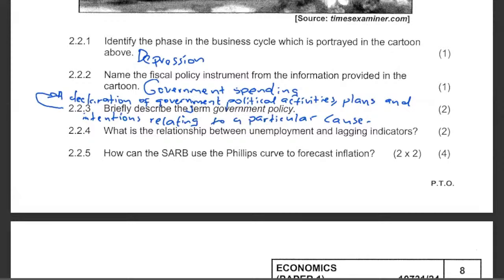Okay, right. Now let's check 2.2.4. What is the relationship between unemployment and lagging indicators?